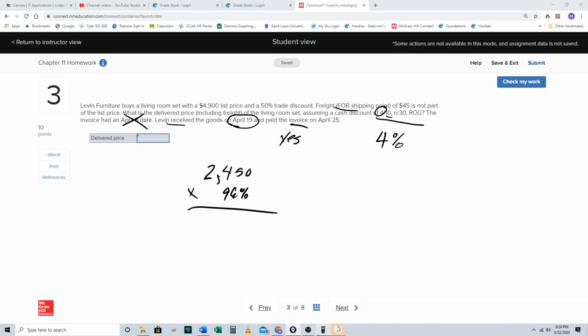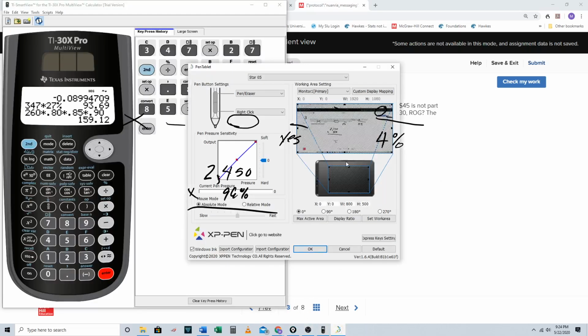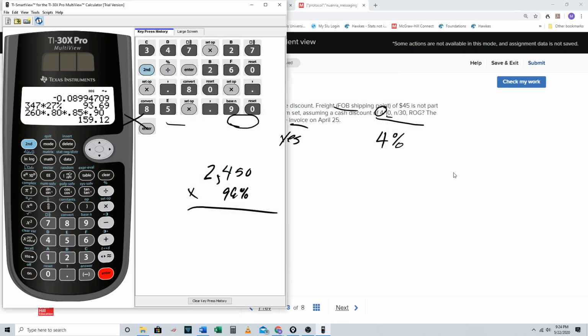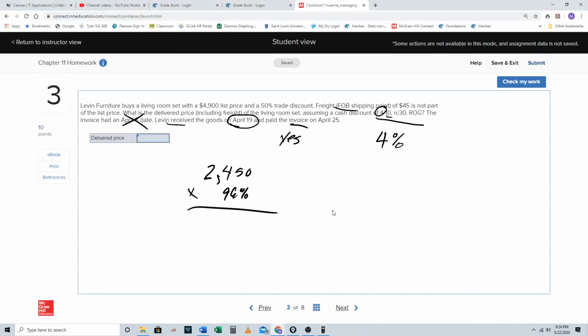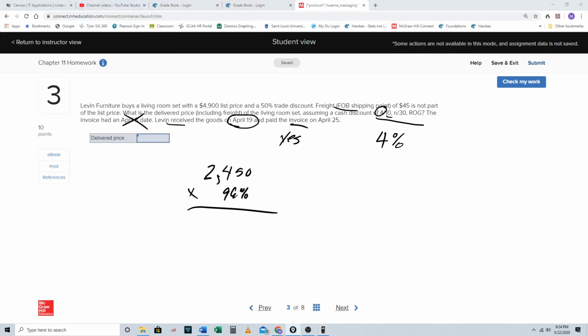So let's type that in the calculator. Which was 2,450 times 96%, $2,352. So we get $2,352. All right, then you have to pay the shipping. That's still part of it.